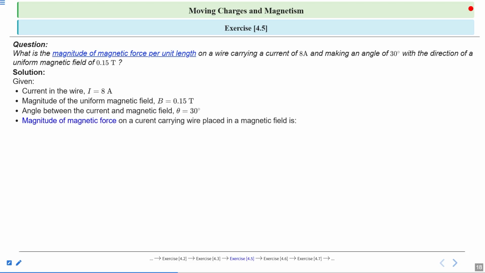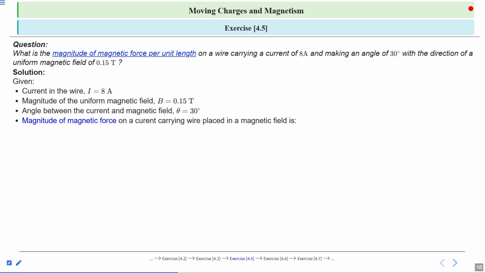The force on a current carrying conductor placed in a uniform magnetic field is F equal to I L cross B, which is equal to I L B sine theta n cap, with direction. If we have to find only the magnitude of the magnetic force, then it will be F equal to I L B sine theta only.